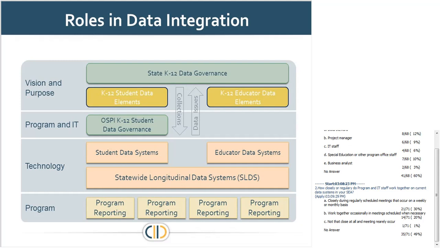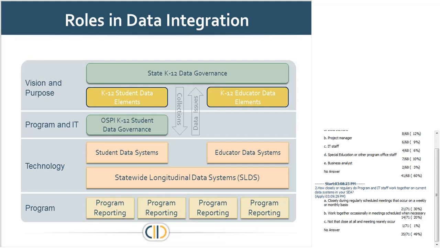And that's the role of that data governance team, is to give guidance to what information and data will be collected in the state and how it will be used. Then we have the OSPI K-12 data governance. As I've said before, they have detailed discussions about what data is being collected, how well it's working, what problems there are, and they work together. Now remember, that's technology and program staff doing that together.